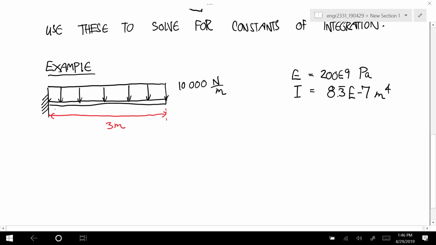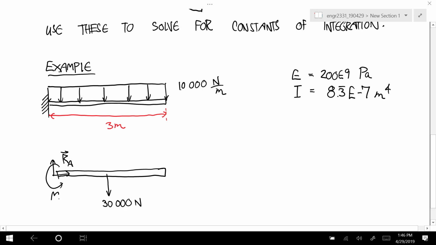So the first thing we have to do is calculate the internal bending moment. So free body diagram of the whole beam. We have a force down at the middle of 30,000 newtons. And then this is a fixed joint, so you have a force vector RA and a couple MR. I'm going to leave off the torque because there's nothing else producing any torques, so that would just come out to be 0.